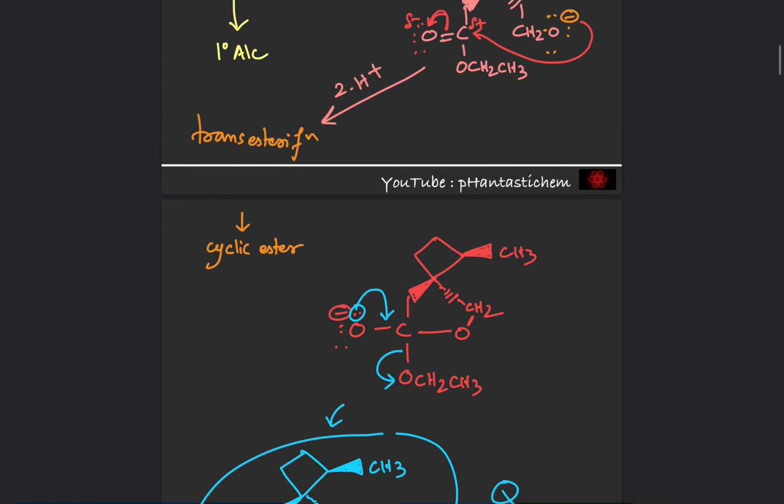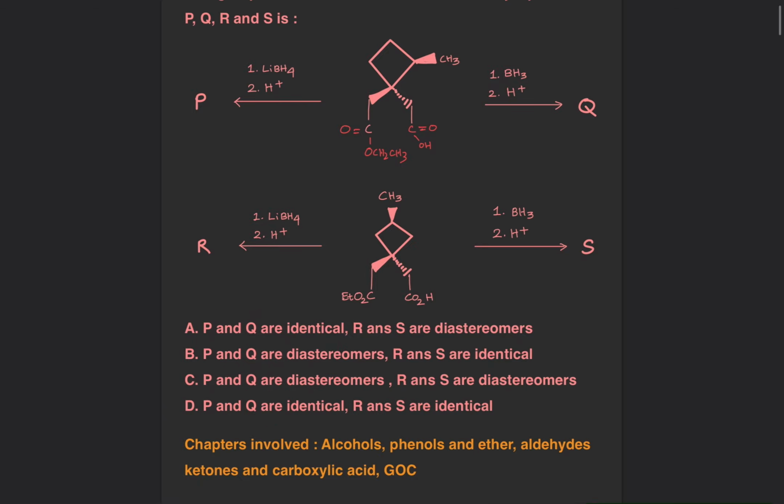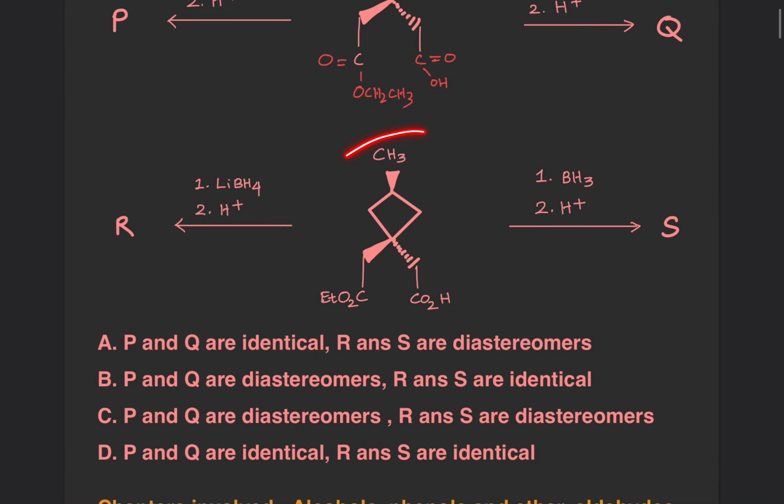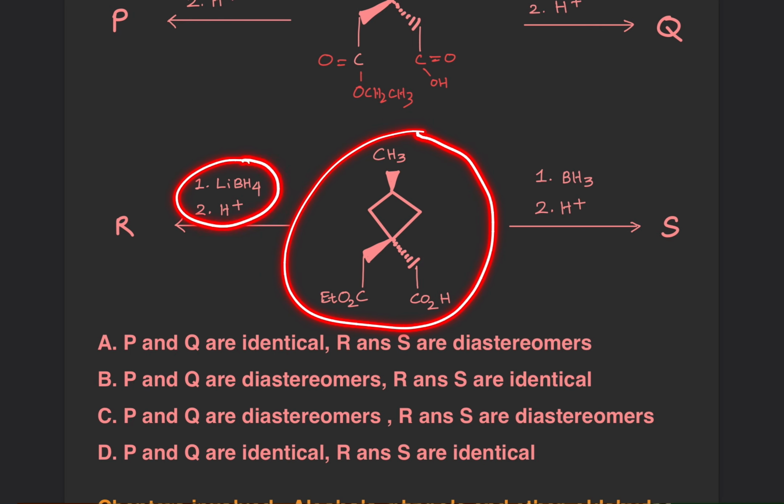Okay. So now to get R and S, we start with this guy. Okay. And we are subjecting this guy to the same set of reagents, that is these guys. Okay.